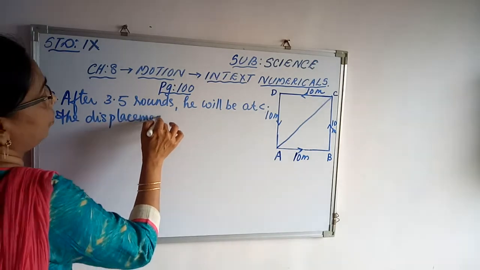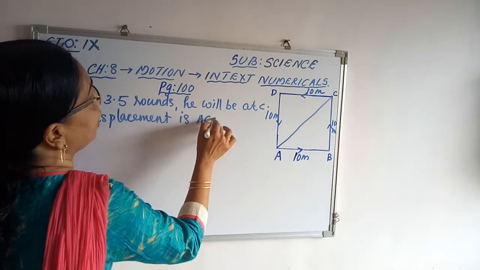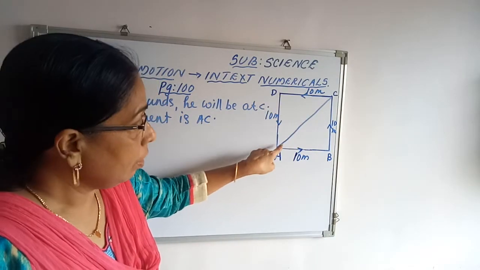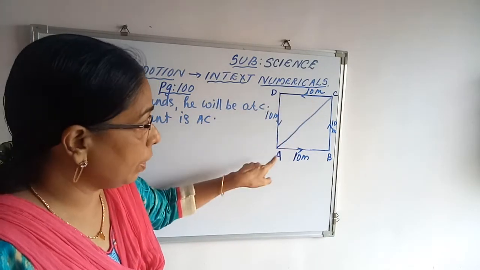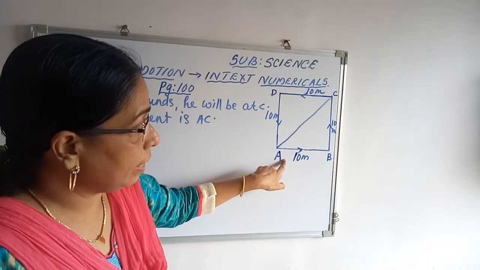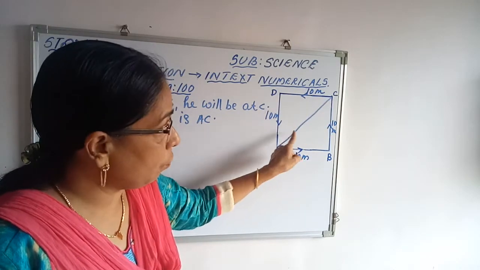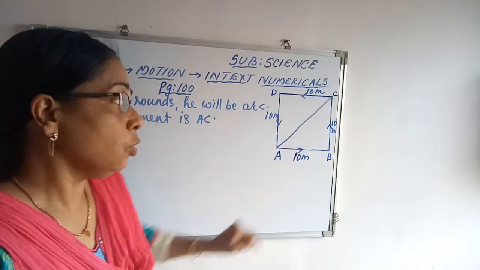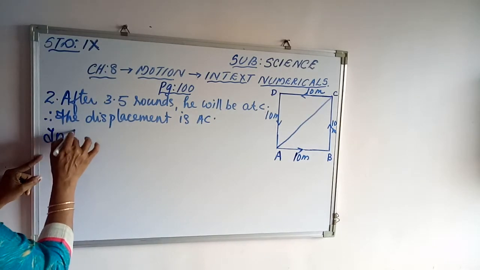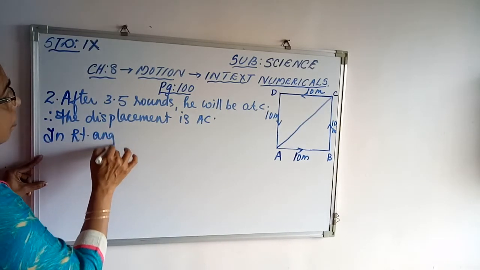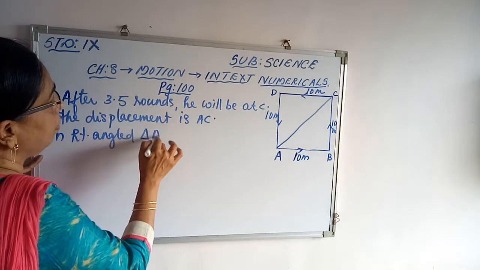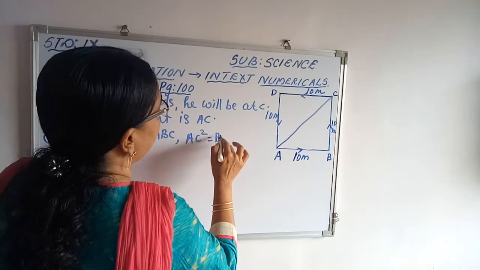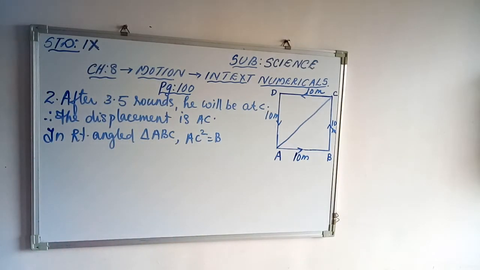How will you find out AC? You can see ABCD is a square. AC is the diagonal. When you draw the diagonal, we get the right angle triangle ABC. AC is the hypotenuse of the right angle triangle ABC. So in right angled triangle ABC, AC square is equal to AB square plus BC square.